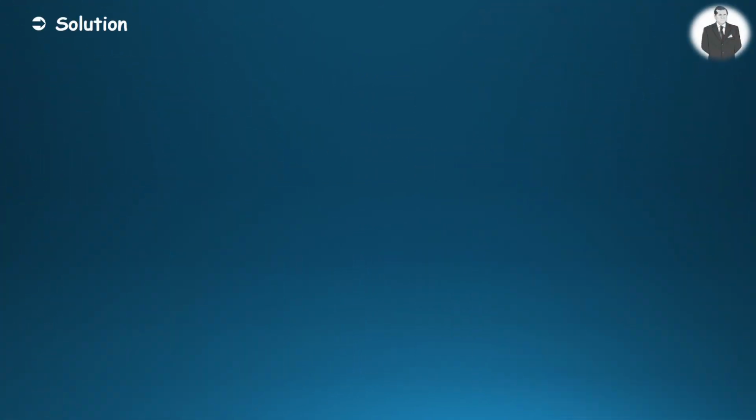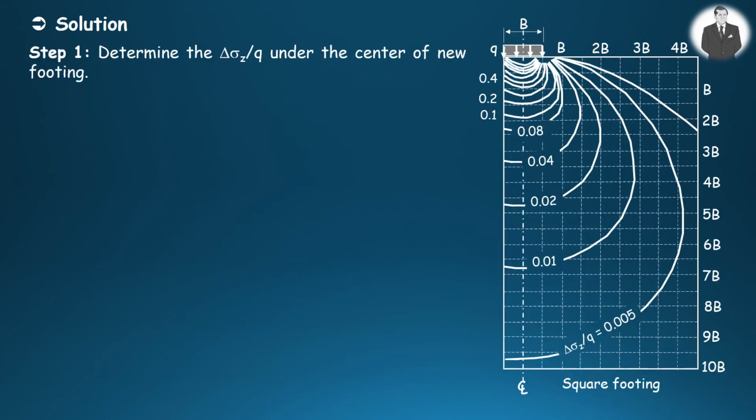The first step to solve this problem is to determine the ratio of delta sigma Z over q under the center of the new footing. What we know is that the depth to the center of the soft layer is 1.5 times B. B is the width of the foundation as shown in the figure.